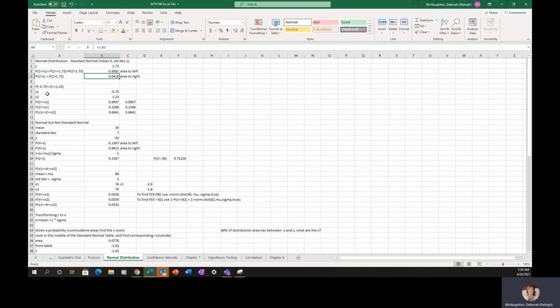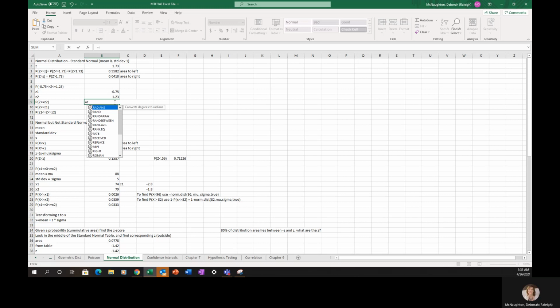All right. And then when I want to find the probability that Z is between two values, here I listed the two values, and to get the probability that Z is between those two values, I'm going to redo this instead, norm.s.dist.